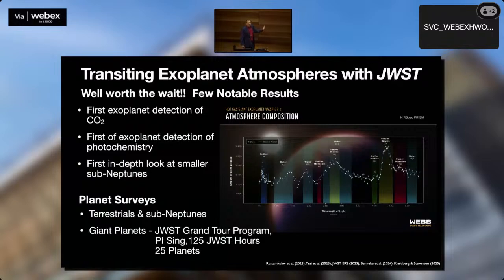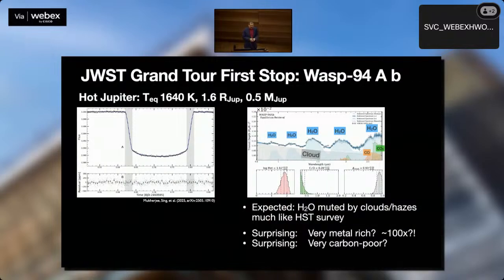But I'll focus on the giant planets and the Grand Tour program, which is a 25 planet survey of giant planets, Neptunes up to Saturns to Jupiters. So let me show you the first stop on the Grand Tour. This is WASP-94AB. This is a rather typical hot Jupiter, 1600 Kelvin, about half a Jupiter mass.